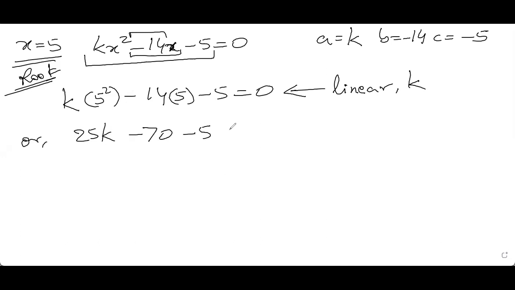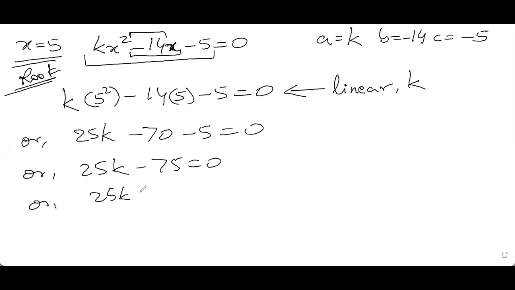Then minus 5 equals 0. 25k minus 70 minus 5 is minus 75 equals 0. So 25k equals 0 plus 75. So 25k equals 75. K equals 75 by 25.